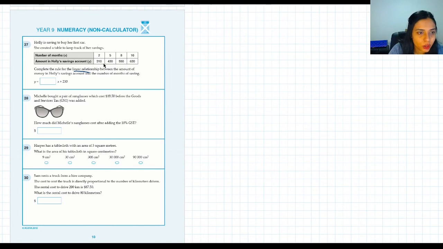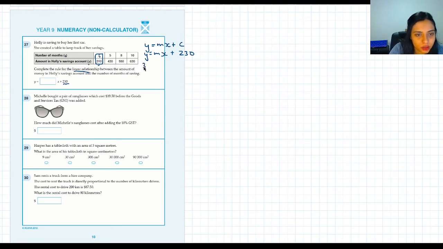Alright, so we know that it's going to be y equals mx plus c. Well, we are told that this is 230. And y represents the amount in the savings account and x represents the month. So if we take this data point, we know that when x equals 2, y equals 310.